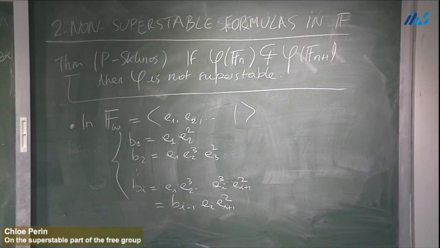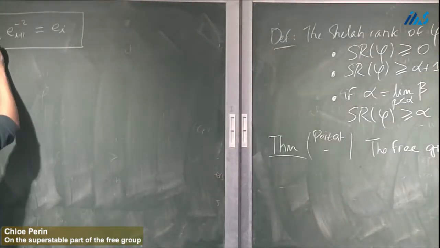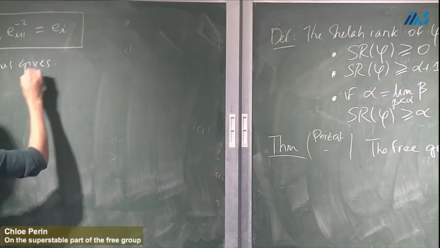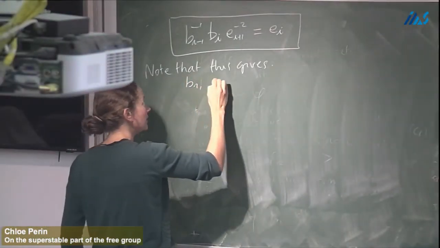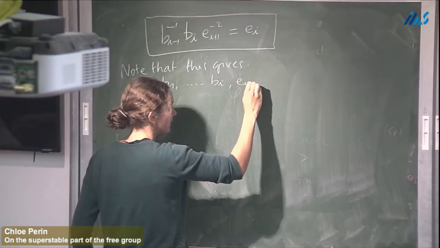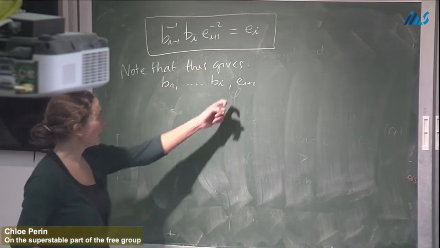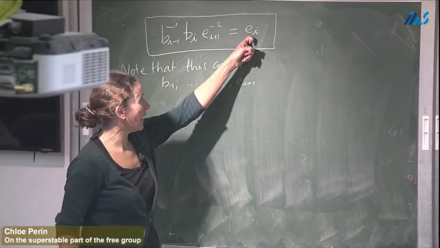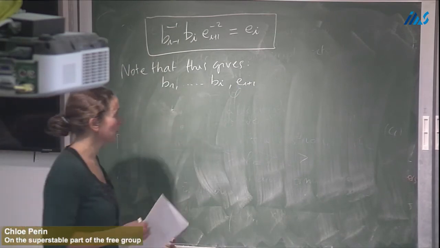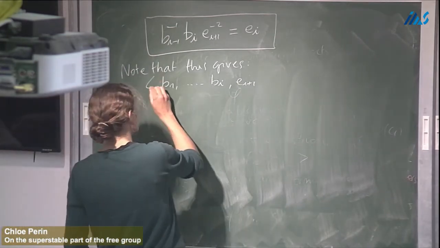In particular, this gives us that if I give you the elements B1 up to BI, and then I also give you EI plus 1, then you have EI plus 1, but you can also recover EI. And then you can see by induction that you can recover all the generators before.